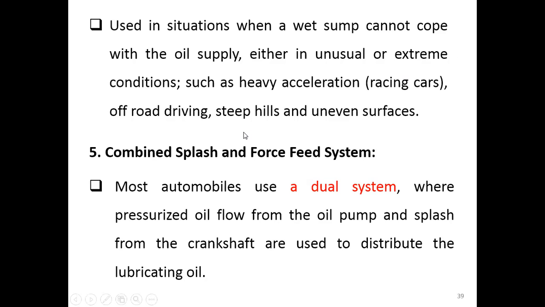And on a steep hill, you cannot maintain the level of the oil inside the engine, because the car goes up the hill. So it's hard to maintain the level of the lubrication oil inside.